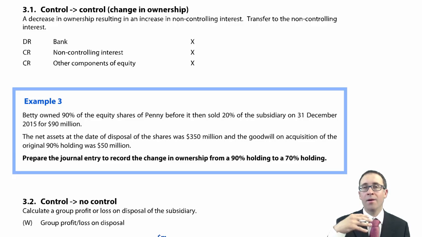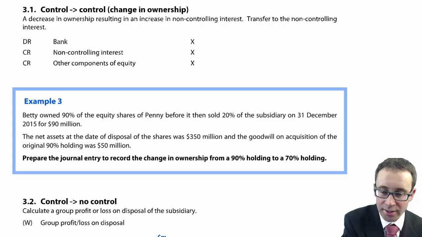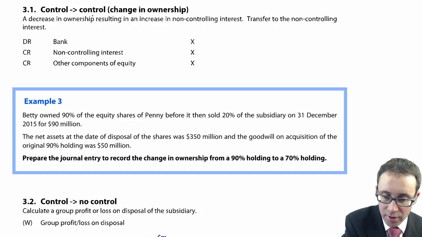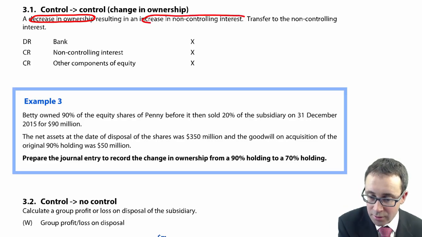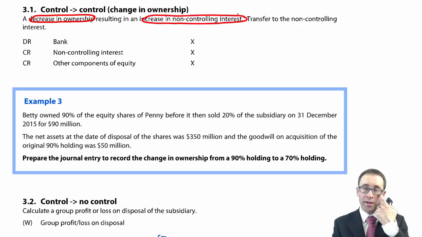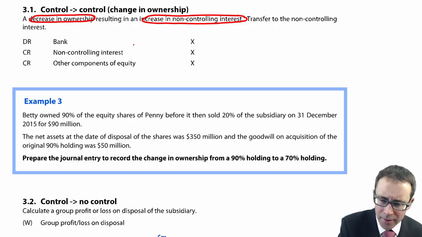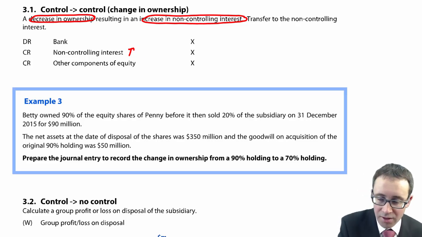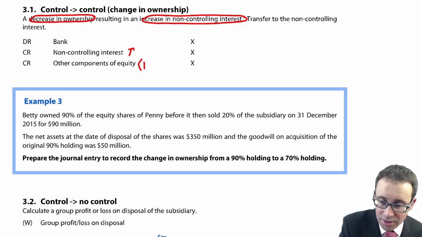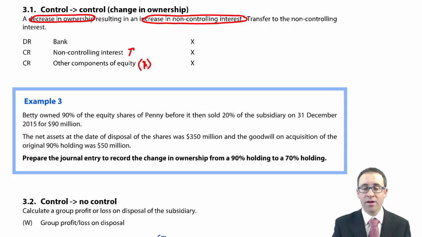Okay. And what happens there is that if we sell shares, our ownership interest decreases, doesn't it? And if there's a decrease in the ownership, there is then an increase in the non-controlling interest. We receive cash, so we debit the bank, we credit the NCI, and then the balancing figure there is your other components of equity.